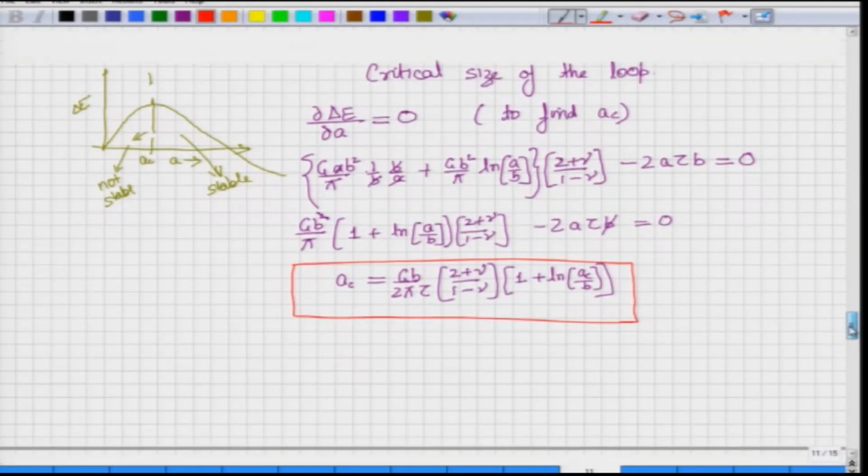Other things would be known in such an equation, and now that we are calculating AC, let us also exercise calculating the delta E at this critical size, which would be the maximum amount of energy that would be required by, let us say, some thermal fluctuations to cause the generation of such dislocation loops.